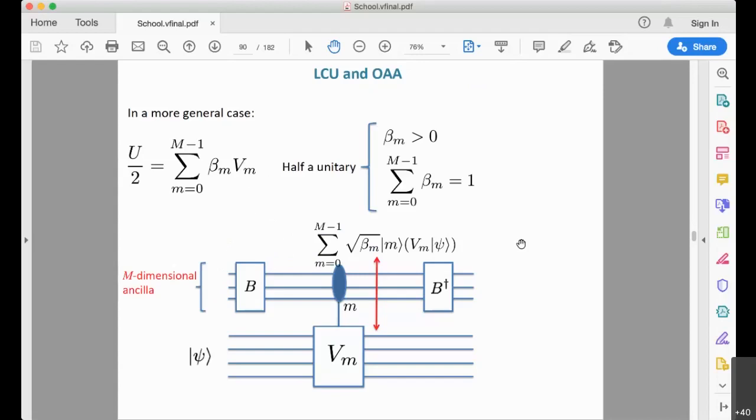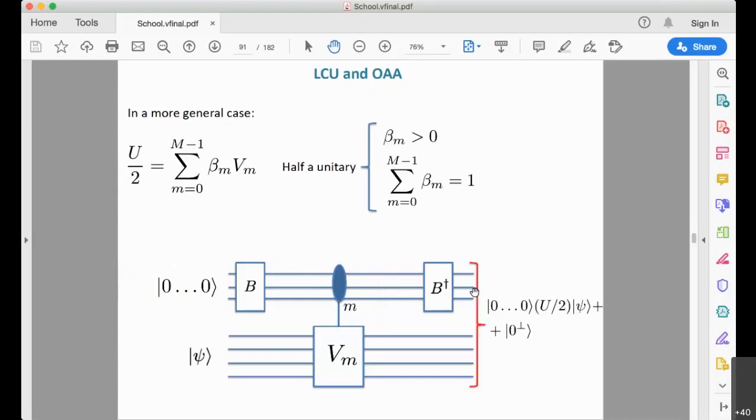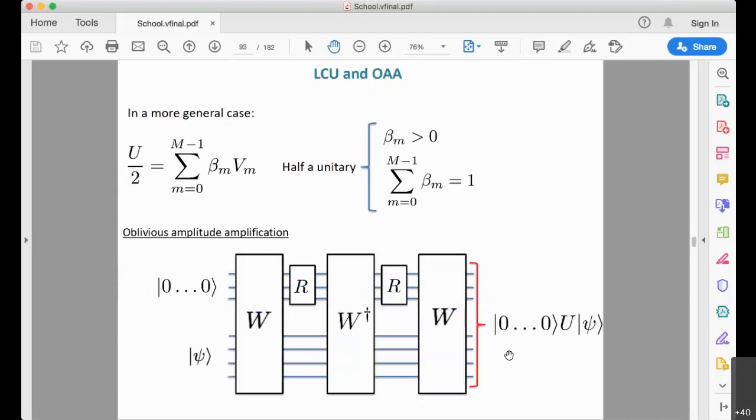We implement this conditional operation on the ancillas, and we implement the inverse of that unitary. You can show that there's a branch of the state that we want and another branch that we don't want. We call that W. We use oblivious amplitude amplification, which calls that W 3 times. And at the end, I prepare exactly the linear combination applied to the state whenever we satisfy this condition.